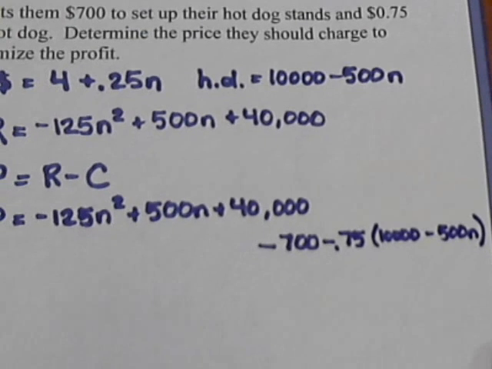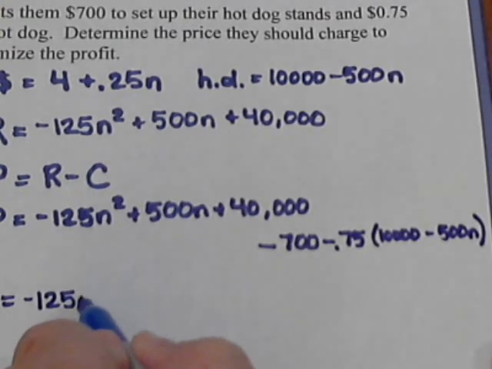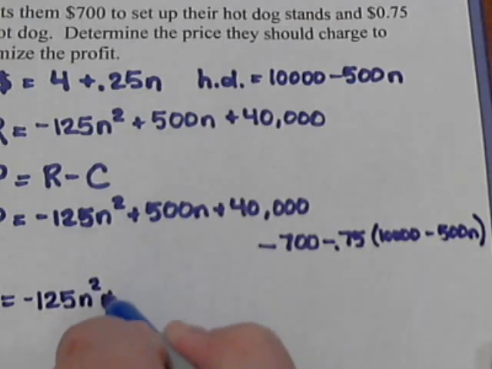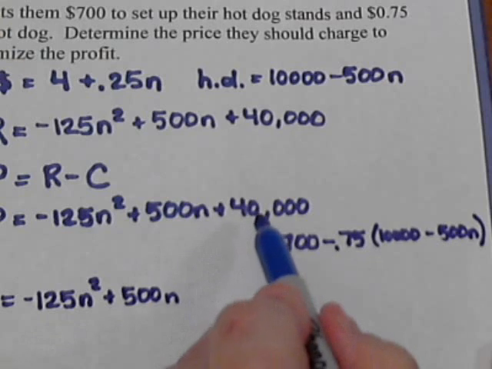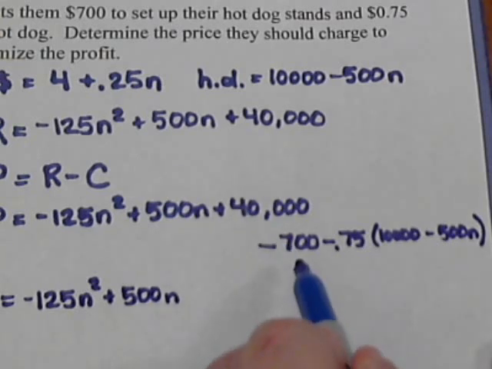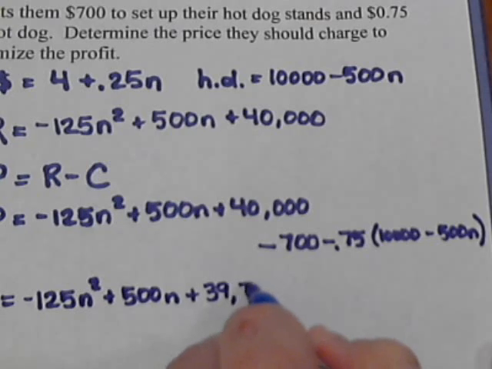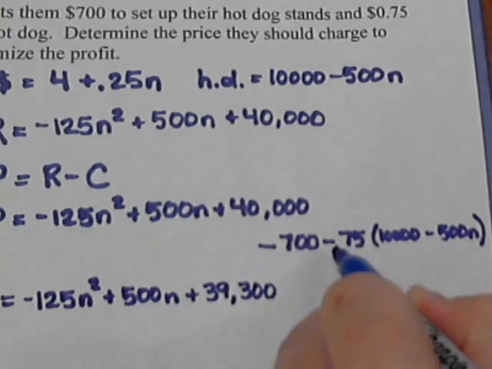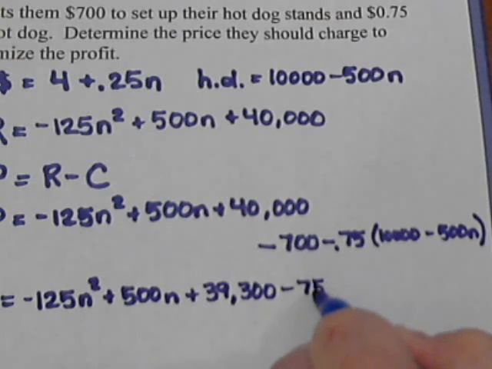Let's clean this up a little bit. We got a long formula here. We have negative 125n squared plus 500n. We can combine these constants: 40,000 minus 700 is 39,300. Minus 0.75 times 10,000 is minus 7,500.